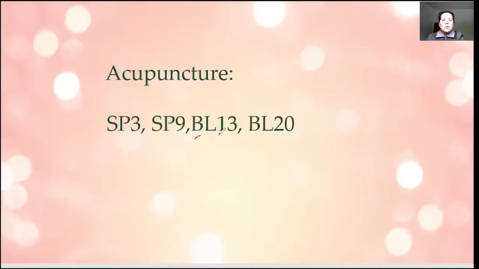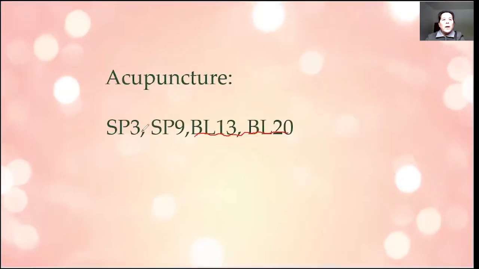We can go to the back shu points of the lung and the spleen. We can also go to the yuan source points of the spleen and the lung. And Spleen 9 relieves water, actual water. So that's basically what we use.